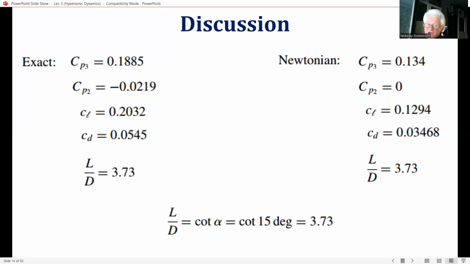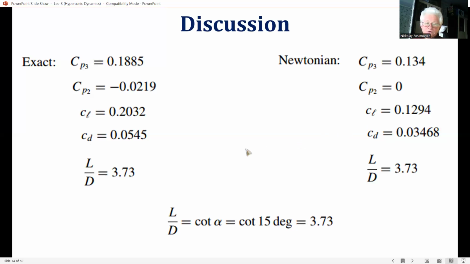For the lift coefficient, we have the following. CL in the first case is 0.2032, and for Newtonian, CL gives us 0.1294. For the drag coefficient, we have the next one, this value and this value.